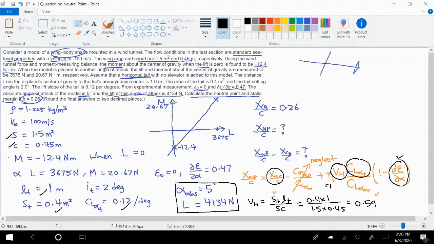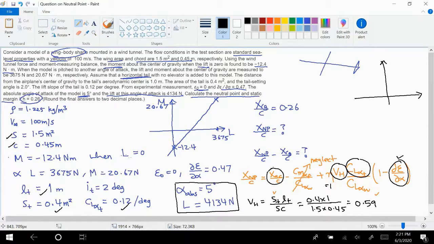But we have to convert the lift into lift coefficient. So let's first represent this in a sketch so that we have a very clear understanding of what is going on here. Even before I make that sketch, let me convert the lift into lift coefficient.